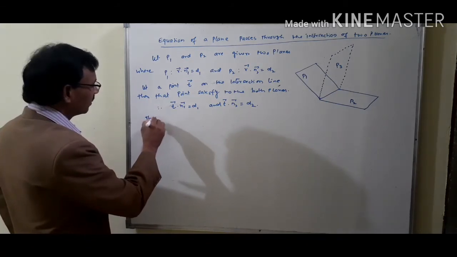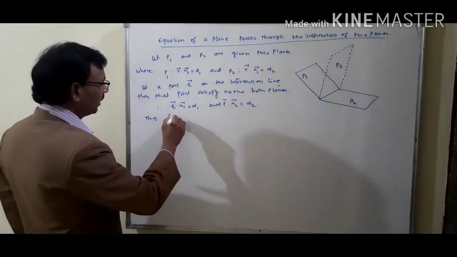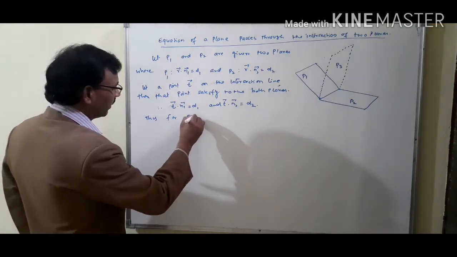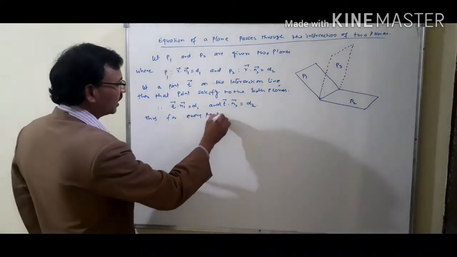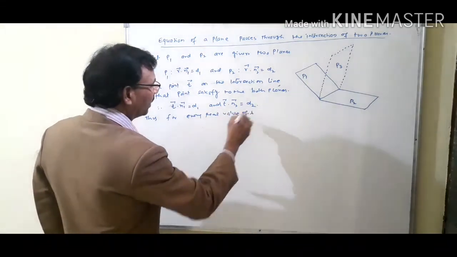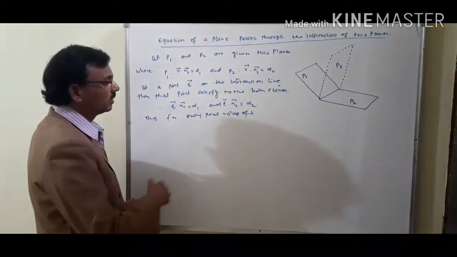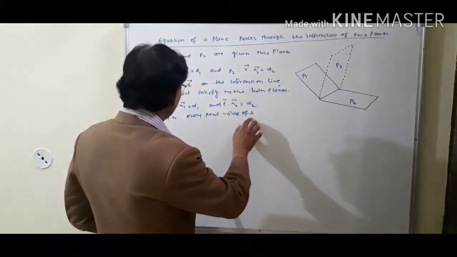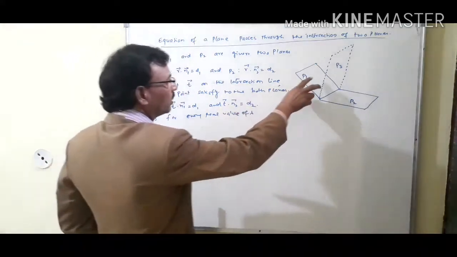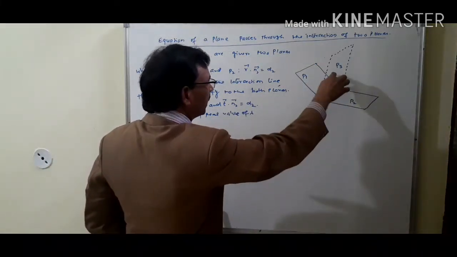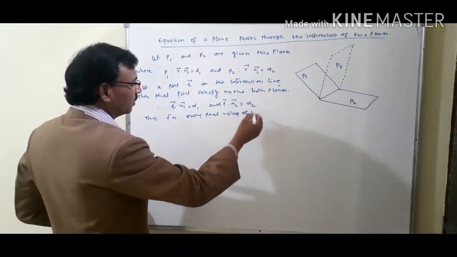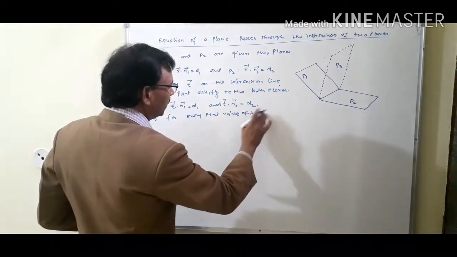Thus, for every real value of lambda, if we suppose lambda is a real number, then the dotted plane, that means the P3 plane, is satisfied.